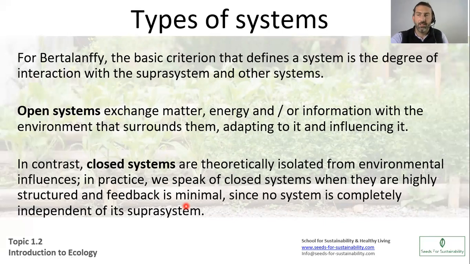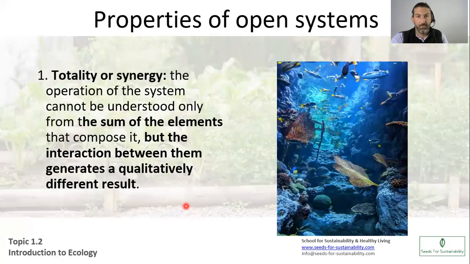And we saw that the energy exchange happens at least in a closed system too, unless it's a fully, hermetically isolated system. So let's look more at the properties of an open system, because what we deal with in practice will be more the characteristics of an open system.